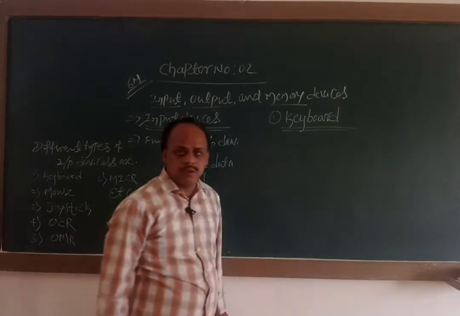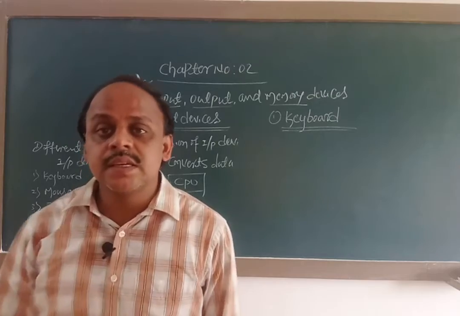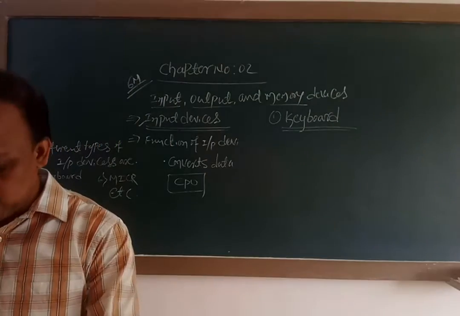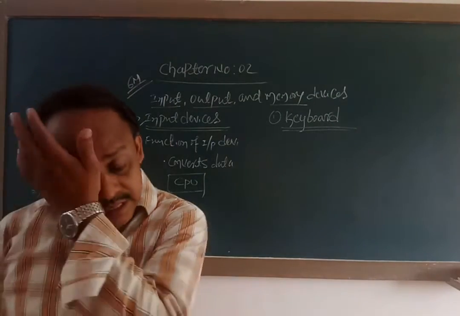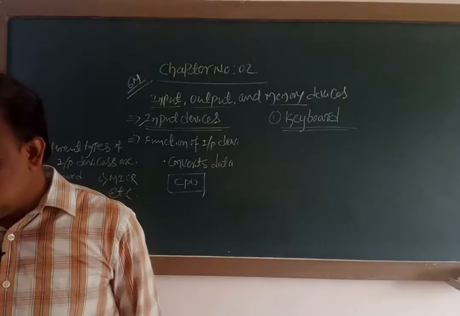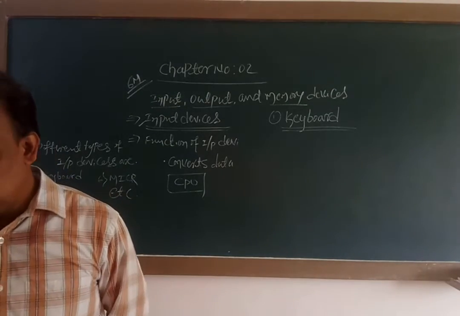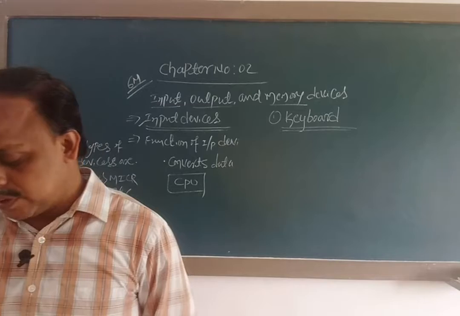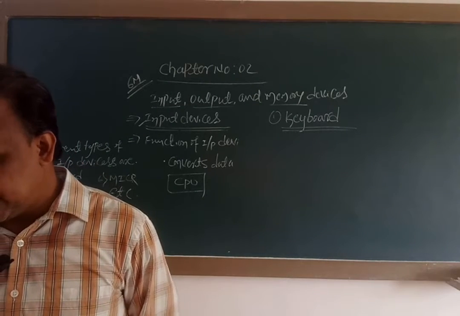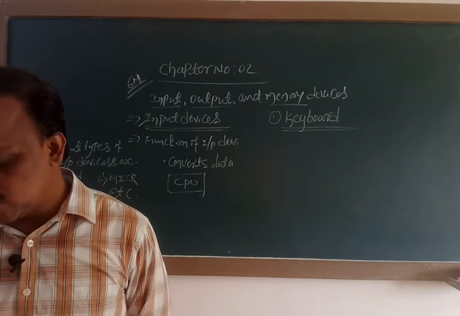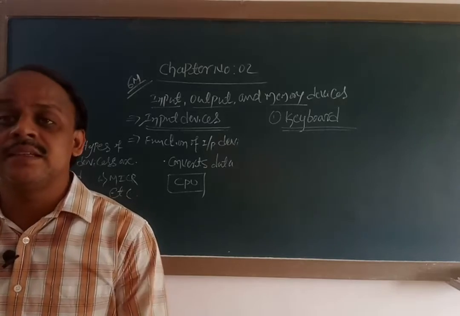What is a keyboard? Now let us see what is meant by keyboard. The most common input device is the keyboard, which consists of a set of typewriter keys, 105 to 108 keys.